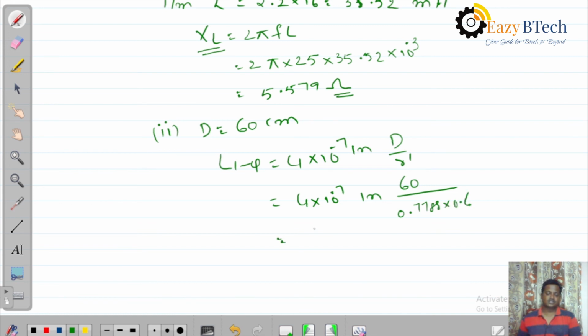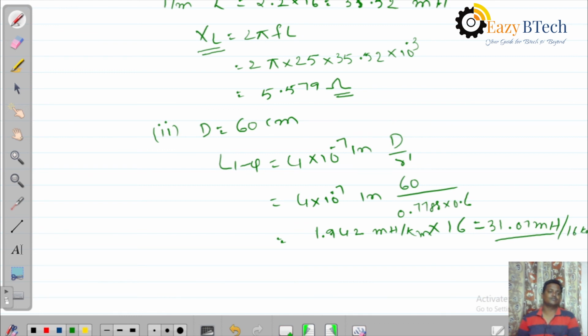This inductance value is 1.942 millihenry per kilometer. If you multiply with 16, that value equals 31.07 millihenry for 16 kilometers.